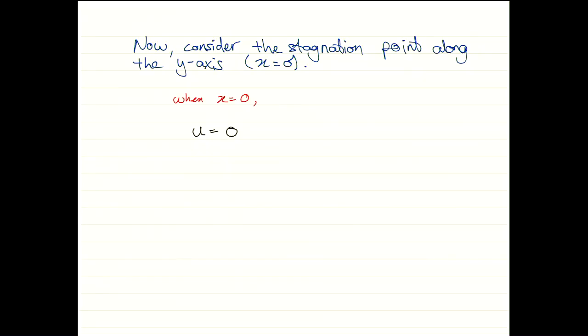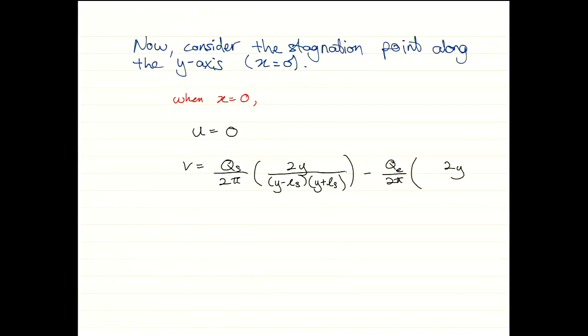And for v, I'm going to get v equals QS divided by 2 pi times 2y divided by (y minus LS)(y plus LS) minus QE over 2 pi times 2y over (y plus LE)(y minus LE). Okay, and basically these two all cancel out as well.